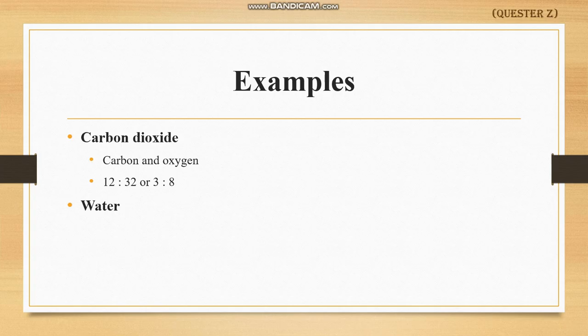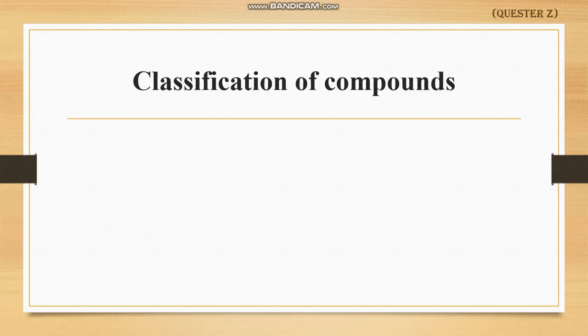That is according to mass, not on the number of elements. Water, H2O, is made up of the combination of two elements, hydrogen and oxygen, in the ratio 1 to 8 by mass. By mass means it is related to the atomic mass.